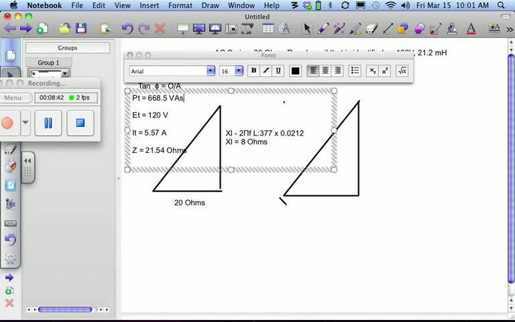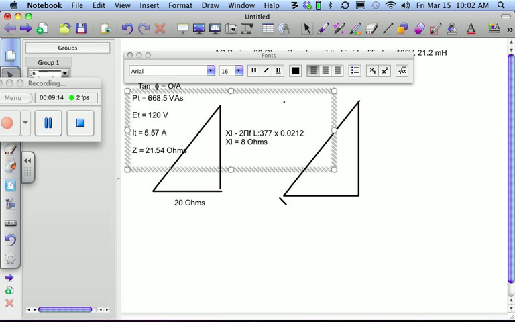So now, have we found new answers? We did find the circuit current, which was 5.57 amps. Then it asks, what is the impedance of this circuit? We already found that, 21.54. What is the apparent power of this circuit? We just multiplied up and got 668. Then the next question is, what is the true power? So we're going to put our 668 over here, and down here we have an unknown.